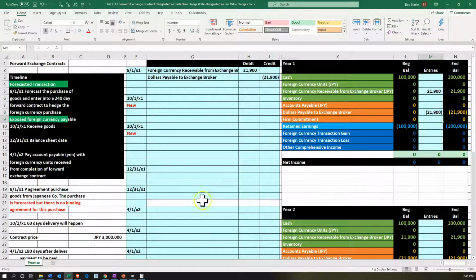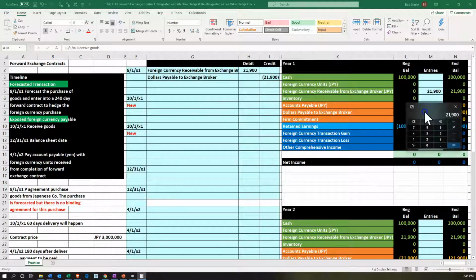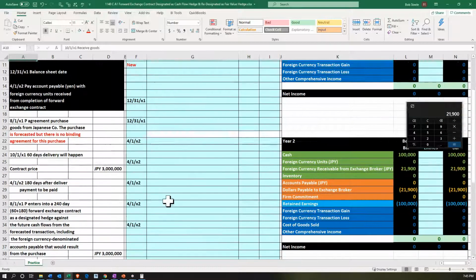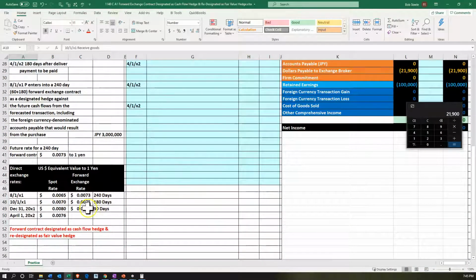Next thing that's going to happen is that on 10/1, we're going to receive the goods, so now we have the inventory. First we'll revalue the receivable. It's on the books at the 21.9 now, so if we revalue it, we're going to use this rate. We have the 3 million times the next forward exchange rate.